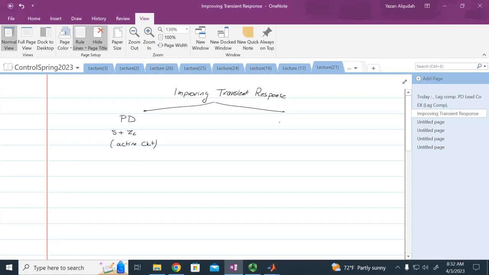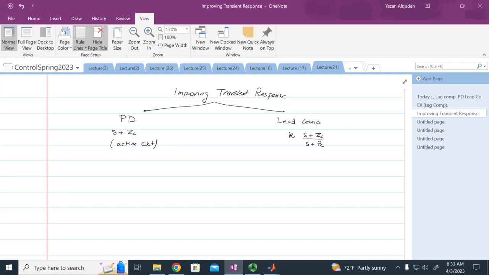And we're going to have a lead compensator, which has a transfer function of S plus ZC divided by S plus PC. When you look at the lead compensator, it has the same form as the lag compensator. What's the difference between them? The locations that we choose for the poles and zeros.